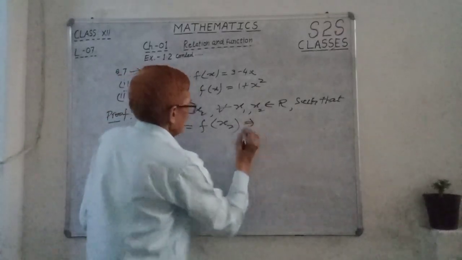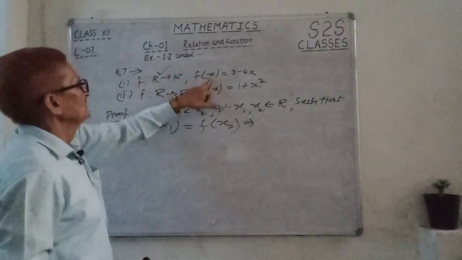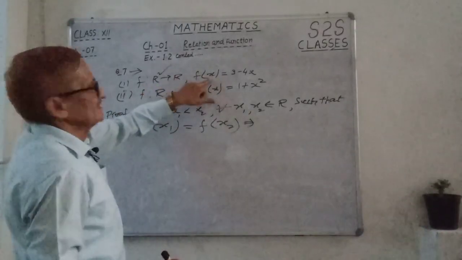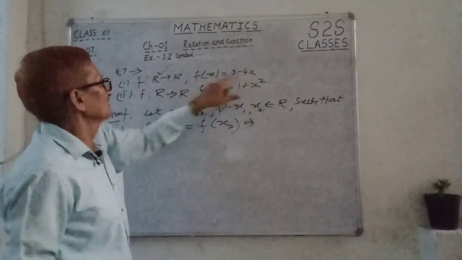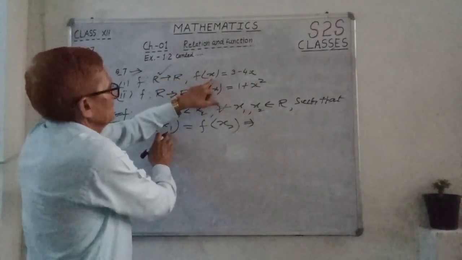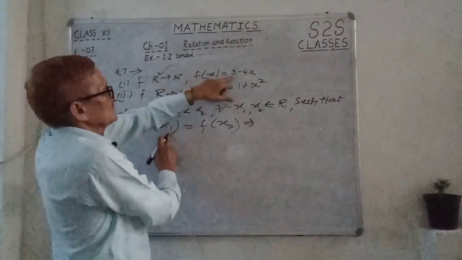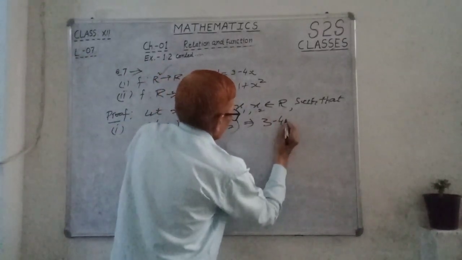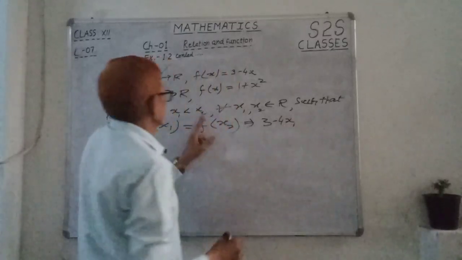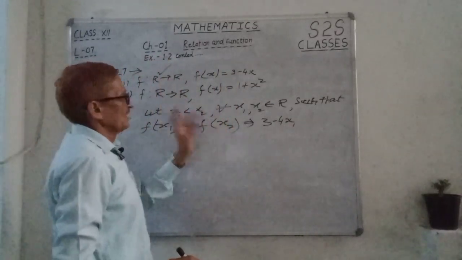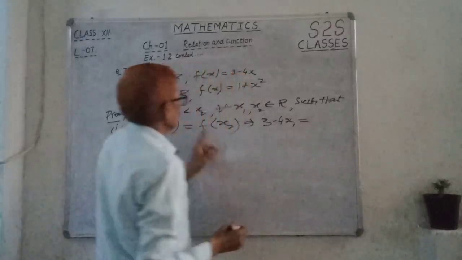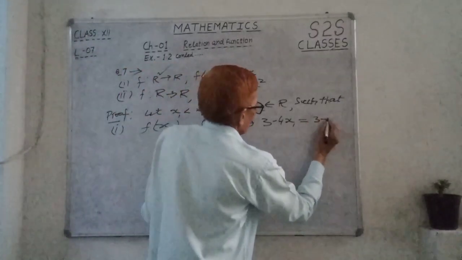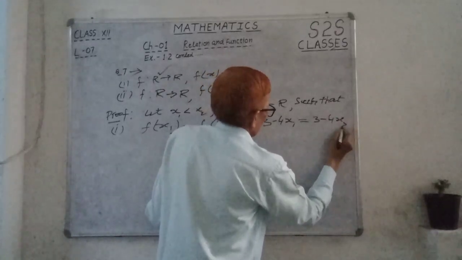In the first part, the function is f(x) equal to 3 minus 4x. Putting x1, f(x1) is equal to 3 minus 4x1, where x1 belongs to real numbers, and x2 also belongs to real numbers. Putting x2, f(x2) is equal to 3 minus 4x2.